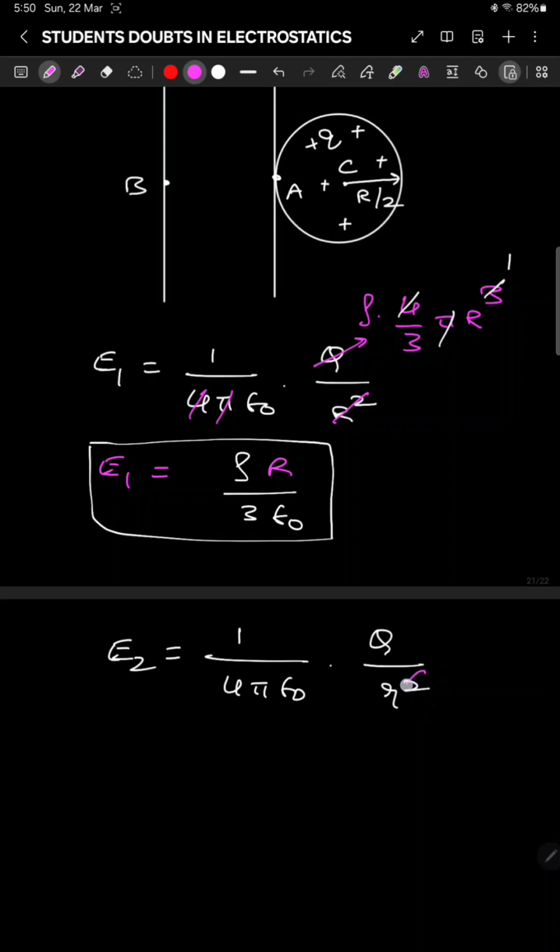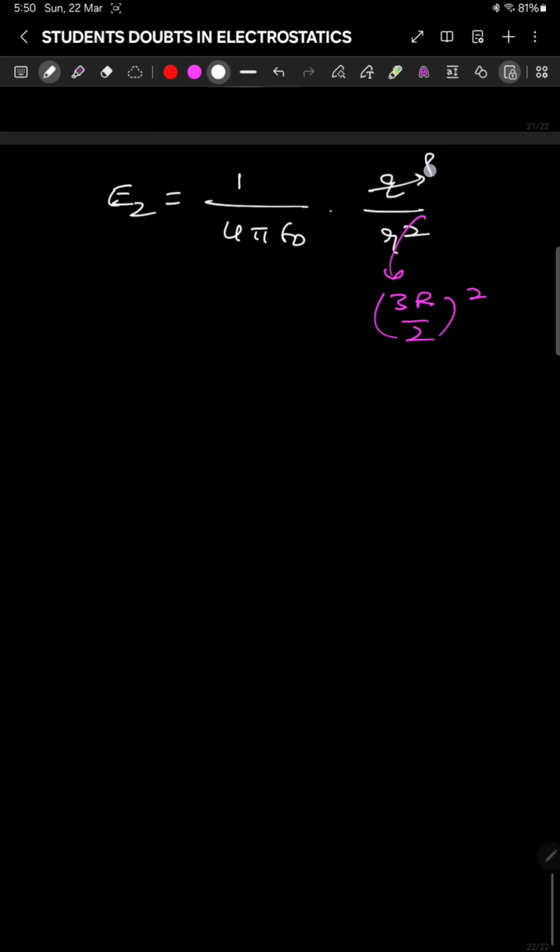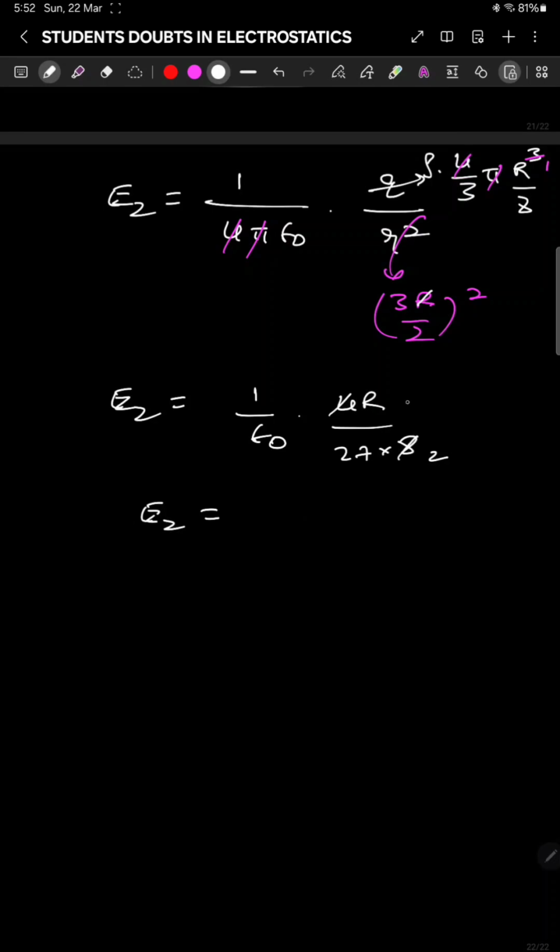Here small r value is 3R by 2 whole square. And charge of this small sphere is small q, so this q value was rho into 4 by 3 pi, R by 2 whole cube, that means R cube by 8. So now E2 value becomes rho R by 54 epsilon naught.